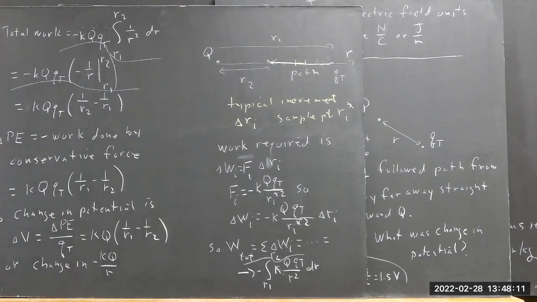Which is just the change in negative K times big Q over R.